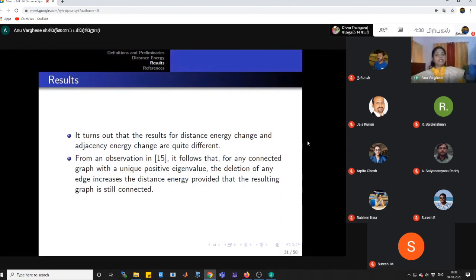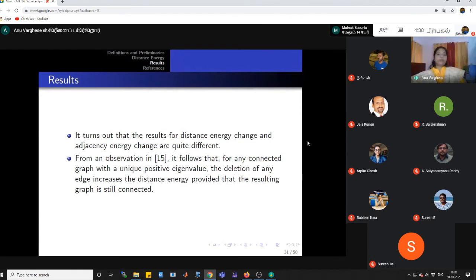We thought that this may be true for all graphs. But later we found a counterexample. That is, there exist graphs such that on deletion of an edge, the distance energy decreases.